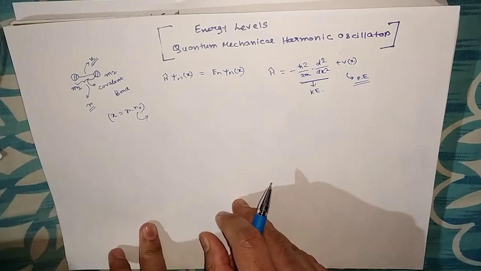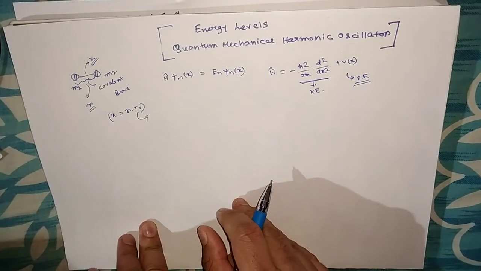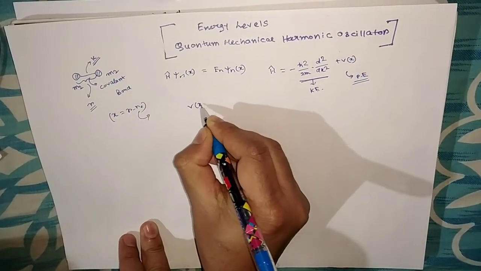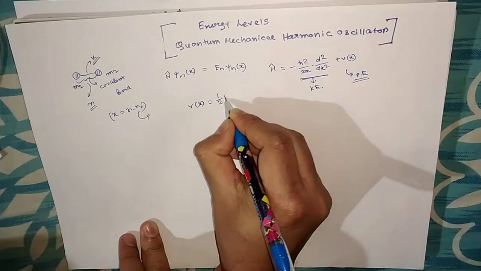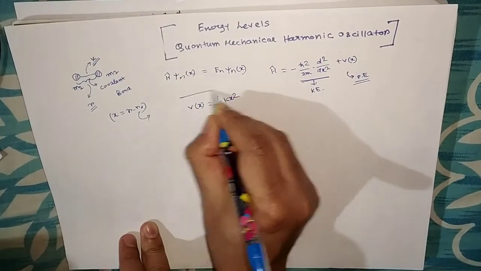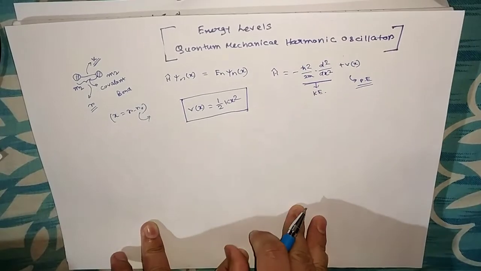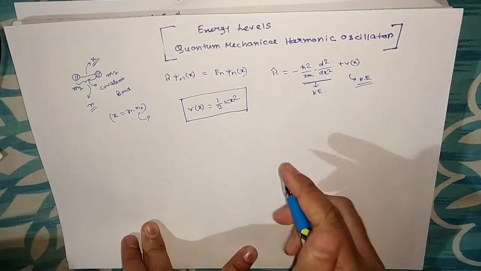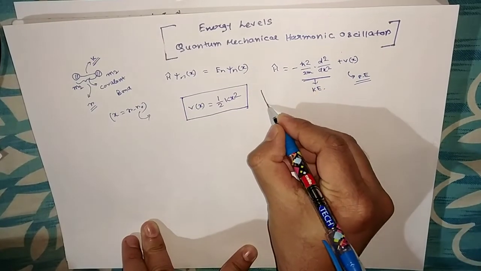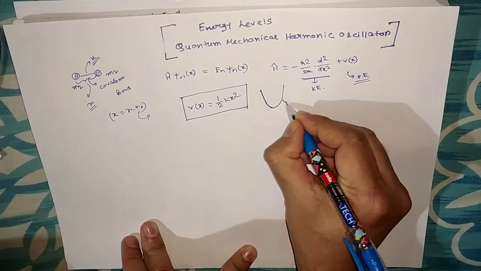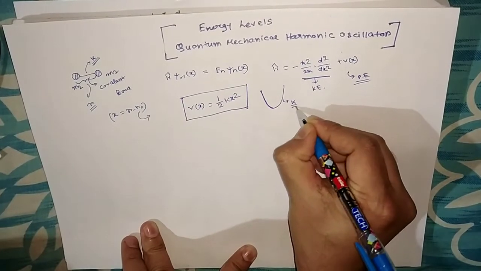In my first lecture on the harmonic oscillator model system, I derived the expression of the potential energy function, that is half k x square. This is a parabolic type of function, so our model quantum mechanical system looks like a parabola, and k is the stiffness of this parabola.